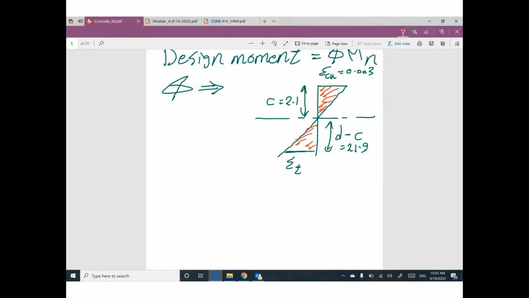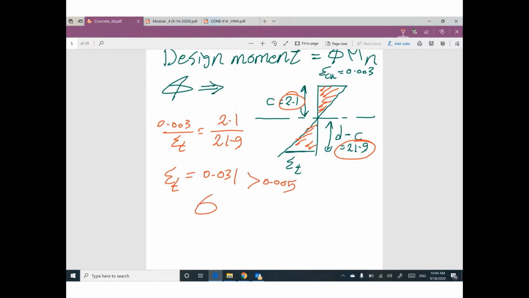Yes, I can. 0.003 divided by epsilon tension equals 2.1 divided by 21.9. So I can figure out the value of epsilon t. It will be 0.031. This value is greater than 0.005, so phi will be 0.9.